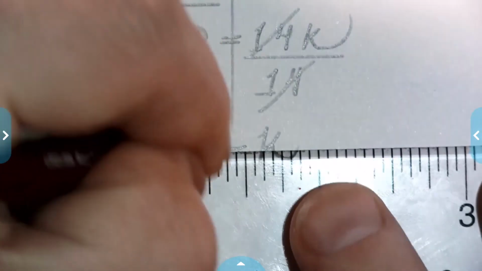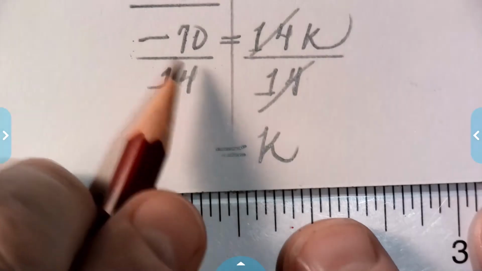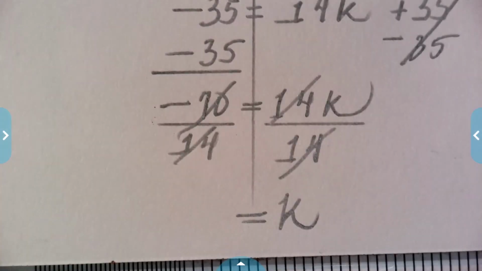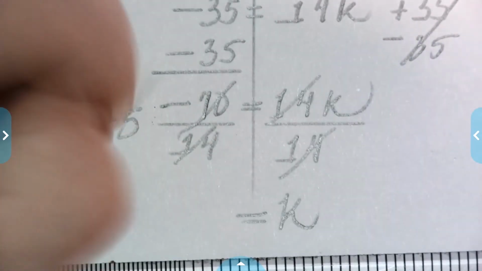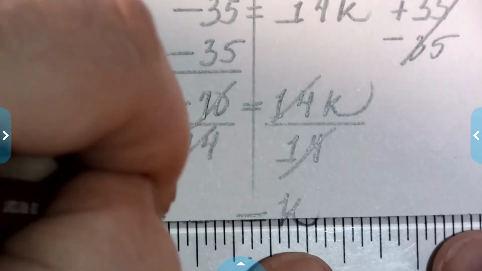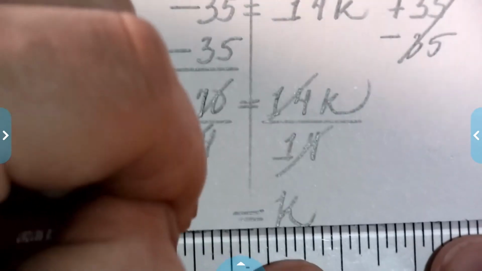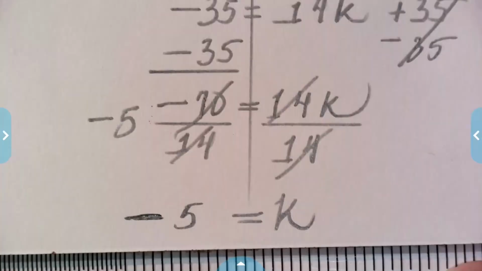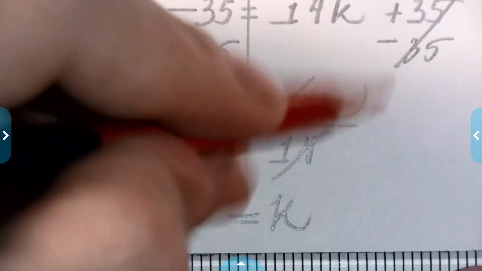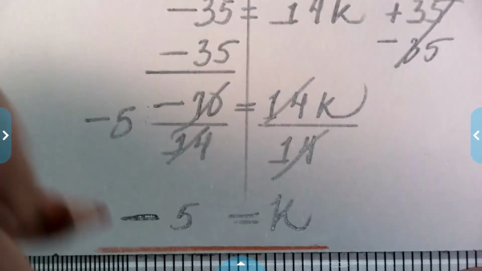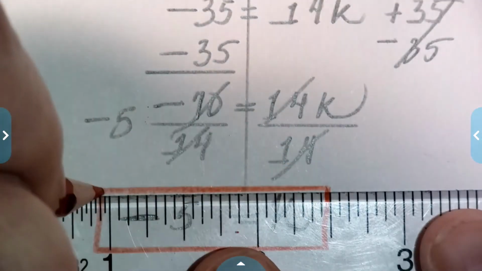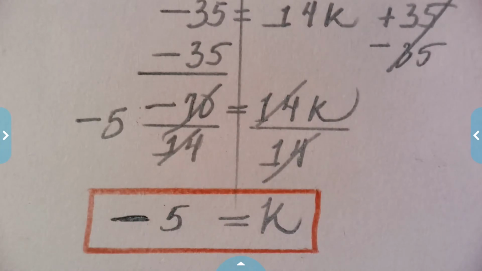So k equals, and then remember, when I cancel this down, I'm going to leave behind a negative 5. Okay, so k is negative 5. Very cool problem. All right, this is algebra, guys. And this is cool.